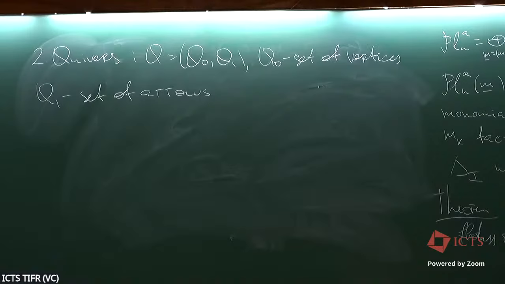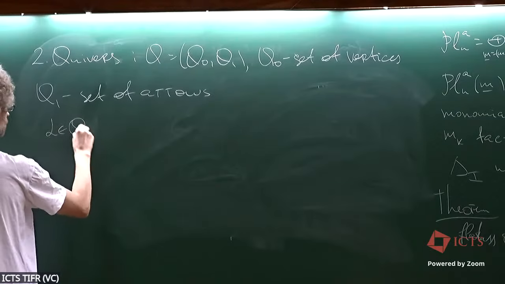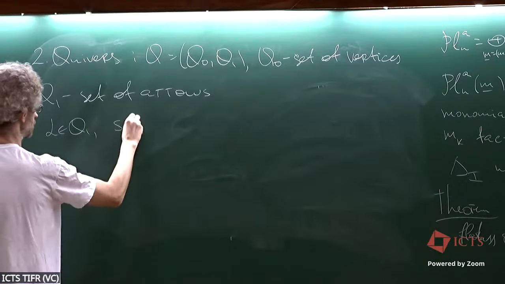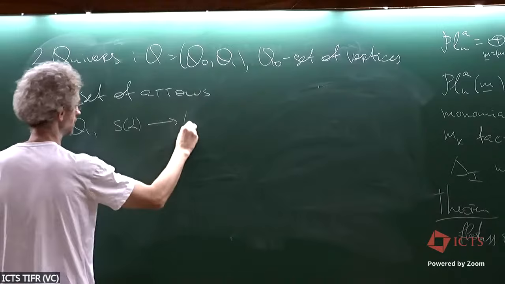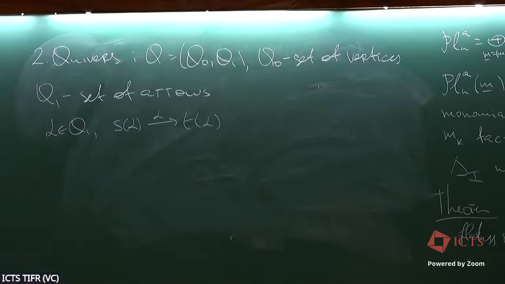For each arrow alpha in Q1, there is a source of alpha and a target of alpha, and this is just a directed graph.